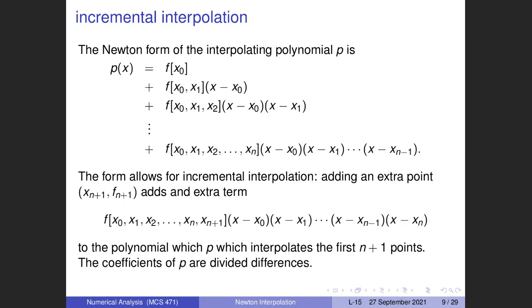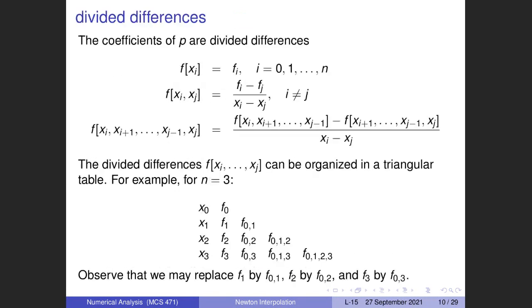No, the order of the points can be arbitrary, so they shouldn't be sorted. All right, so this is the summary of Newton interpolation, except that you can't really do this yet. We still have to define what these divided differences are.